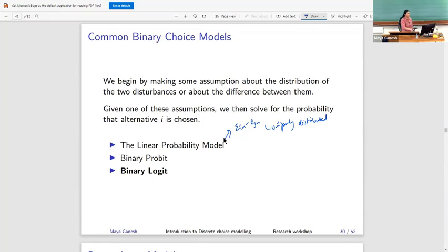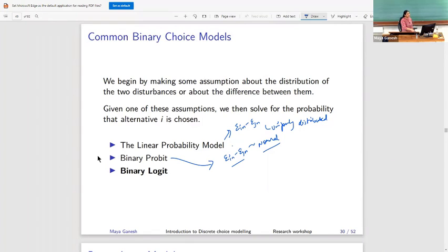If this normal assumption is made, that leads to the binary probit model. But though binary probit is intuitively reasonable and has theoretical grounds, it has the unfortunate property of not having a closed form. So to estimate, we need to resort to numerical approximation, simulation techniques, etc.